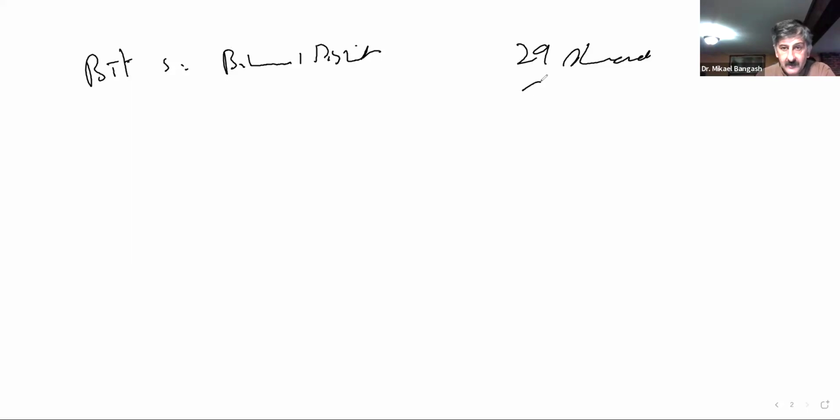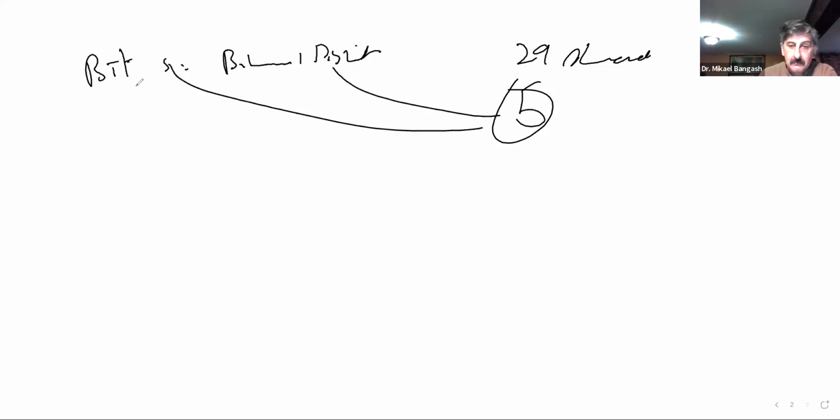I say at least 5 bits or binary digits was required for 29 shades. 5 bits or 5 binary digits can give us up to 32. So any number between 16 and 32 would need 5 bits.